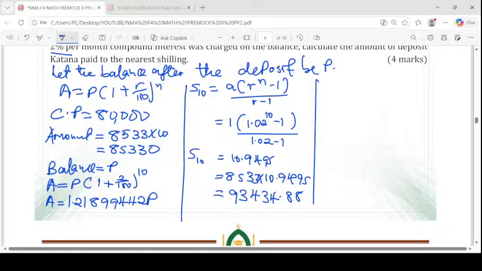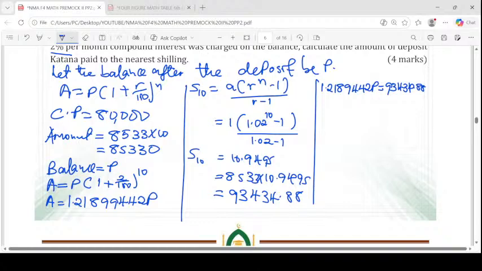After we've gotten this amount, one thing you need to understand, we can now equate the two. The 1.2189442P being equivalent to 93,434.88.